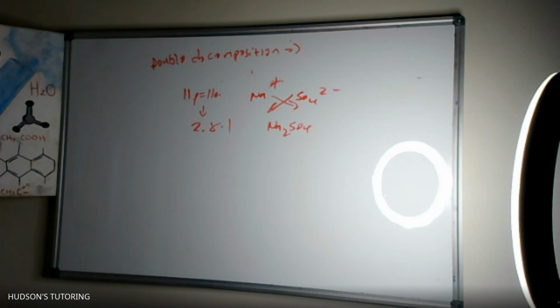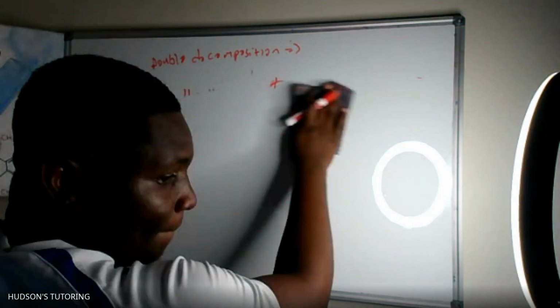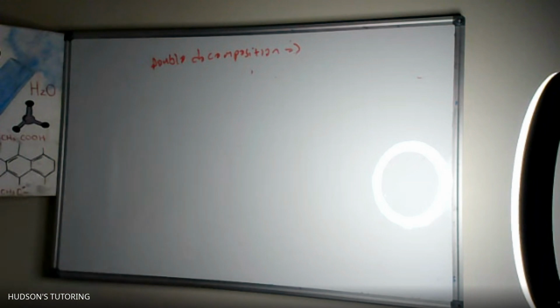All right, let's continue. We're comfortable with electronic configuration, and we're comfortable with writing formulas. Let's now go to balancing equations. The purpose of balancing equations is like a seesaw mechanism.